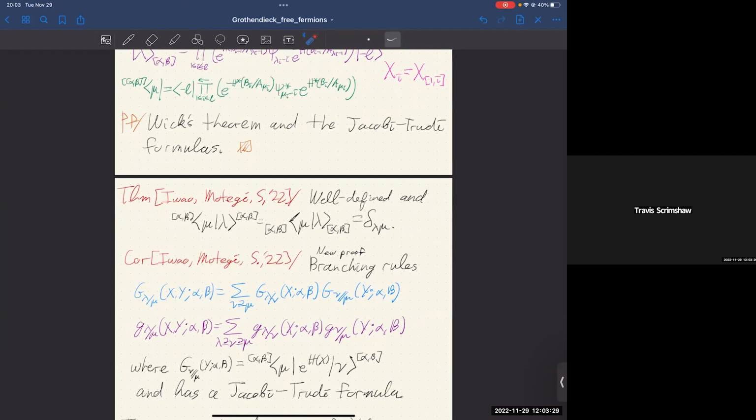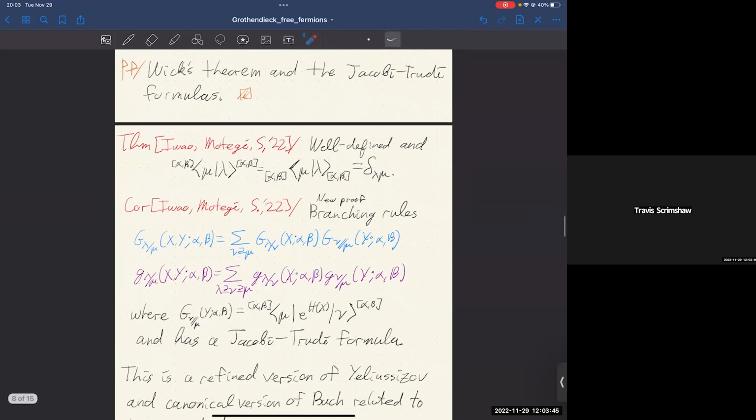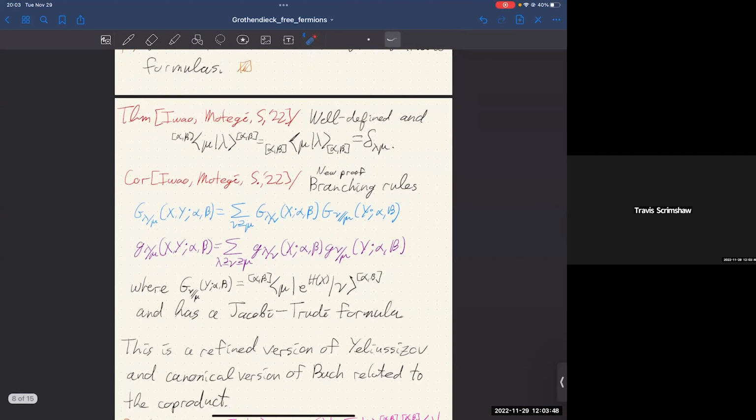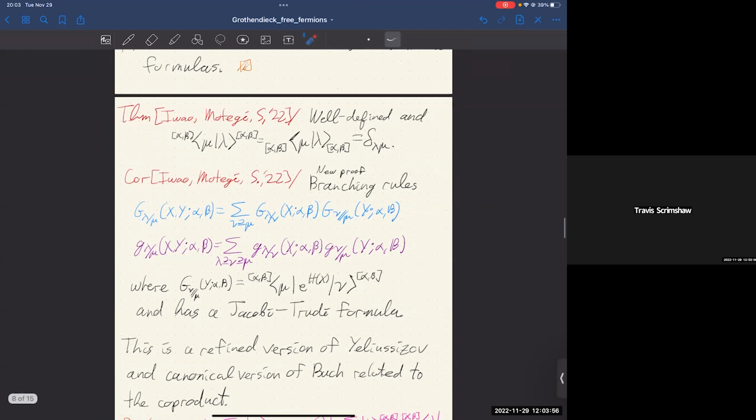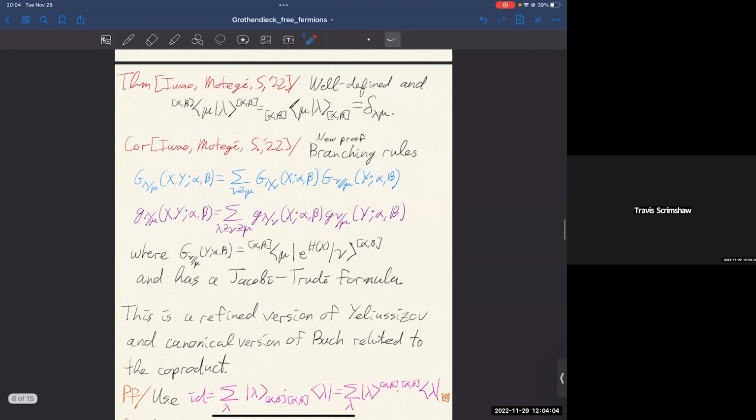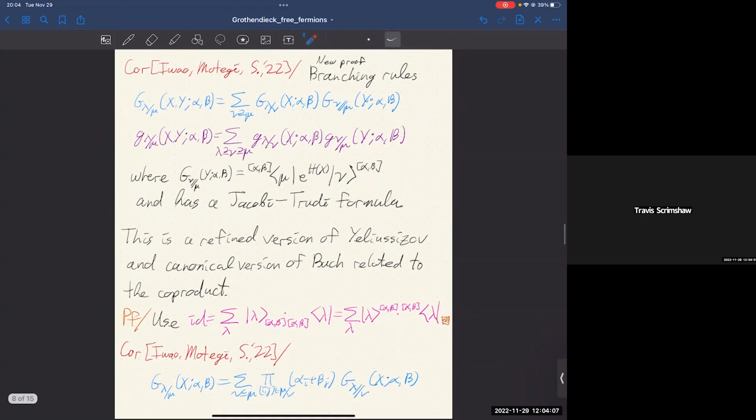And this is actually one of the main theorems, basically the biggest result that we're able to use, because that allows us to prove branching rules. And how we do that is we just insert an identity operator that takes sums over lambda, and oh yeah, I did include it here.